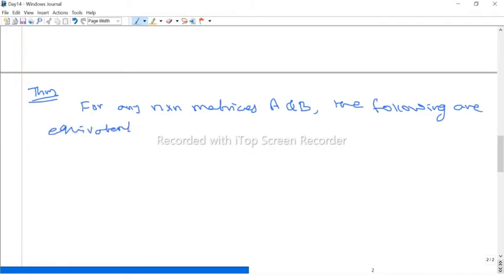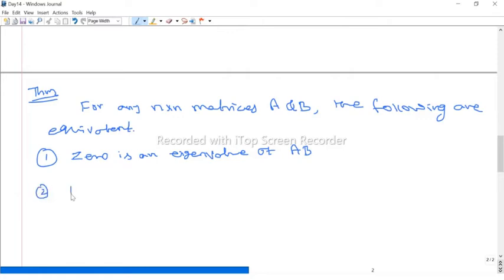What is the first statement? Zero is an eigenvalue of the product matrix AB. Then the second one is that either A is singular or B is singular.